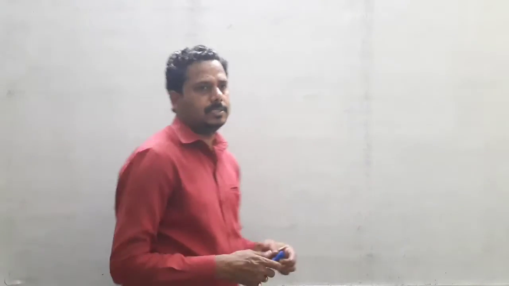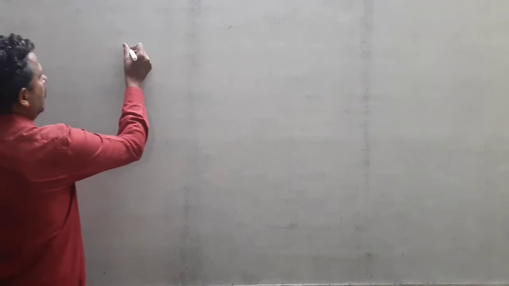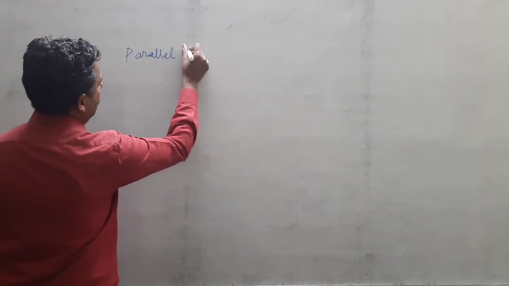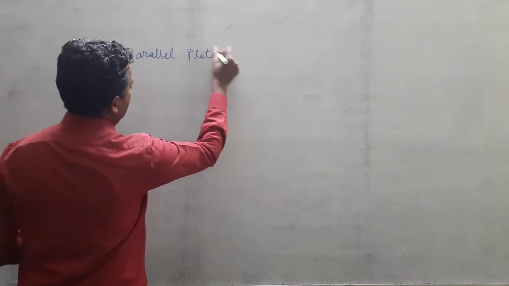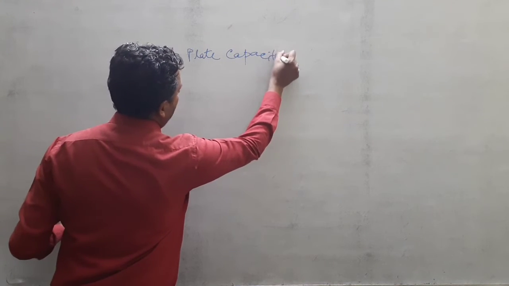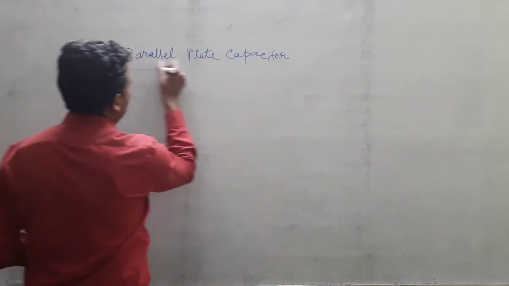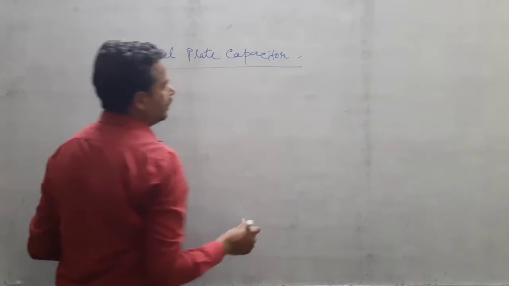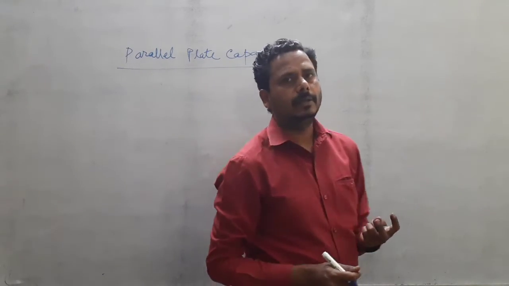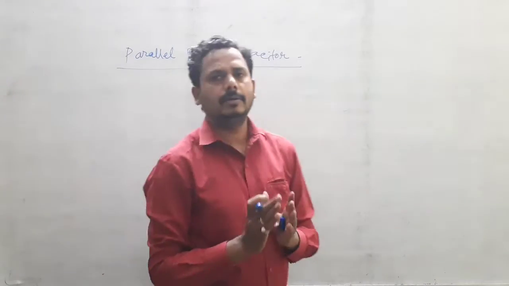Next point is the parallel plate capacitor. In the same way, you have to take two conductors, but the shape of the conductors is parallel, just like a plate.